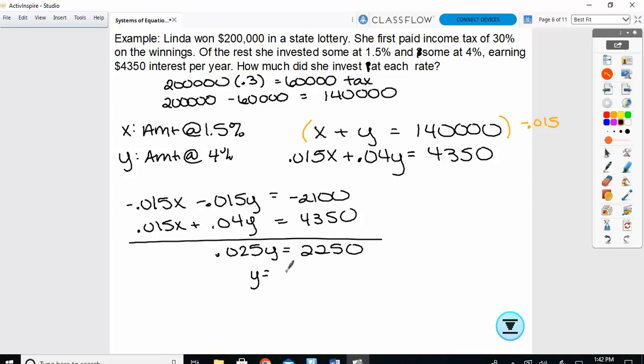And what do you get for y? And we know that x plus y equals 140,000, so if we plug that in, x is 50,000.